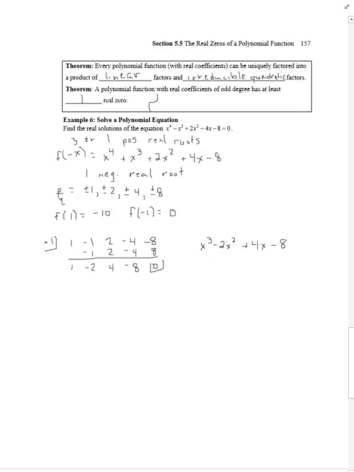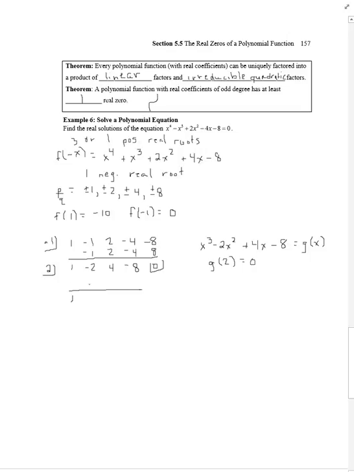So we'll call it G, just because. So G of positive 2 gives us 0. So let's do synthetic division again. And we can actually just do it right from where we were and not have to rewrite stuff. So now when we do this synthetic division this time, we're going to ignore our remainder of 0 from the last time.